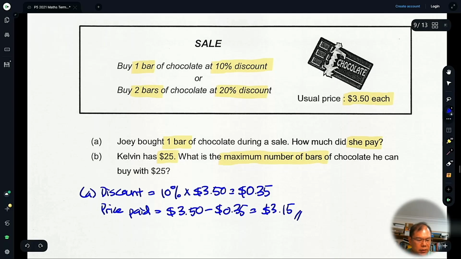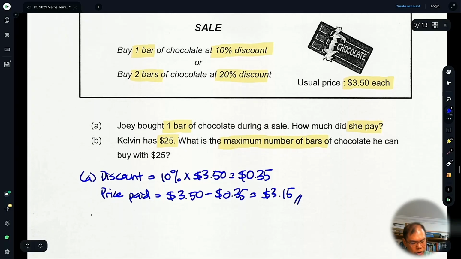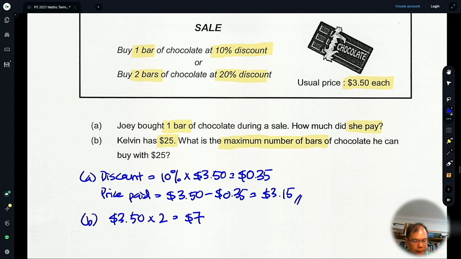So, of course, if you buy 2 bars, you pay less, because later you'll work out. You realize that 20% discount is actually more than 10% discount, and you buy 2 bars at a time, it's actually cheaper. So let's calculate. Normally for 2 bars of chocolate you will have to pay a total of $7, right?